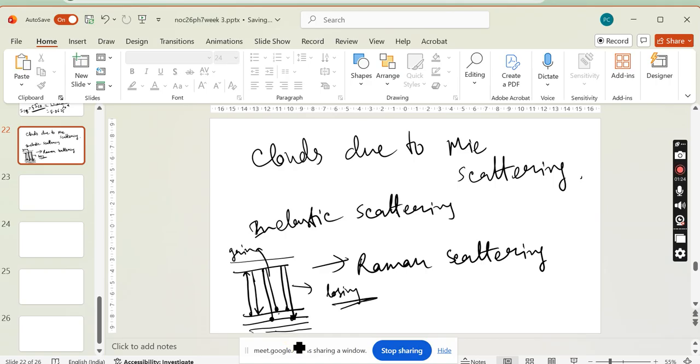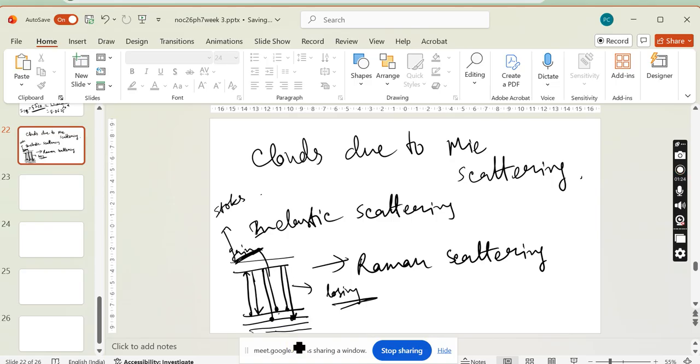In Stokes scattering, incident photons lose energy to the scatterers. So here the scatterer is gaining energy, but the incident photon is losing energy. So this corresponds to the Stokes line.